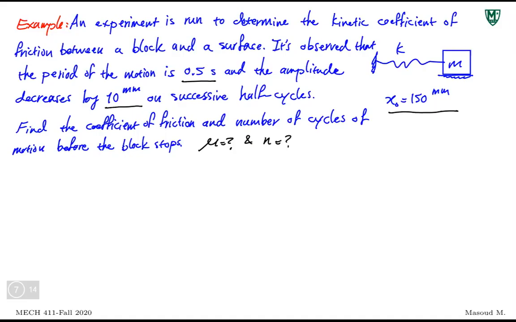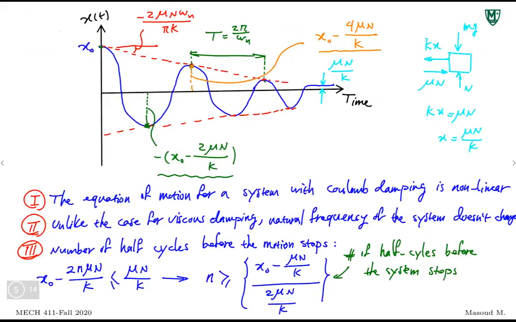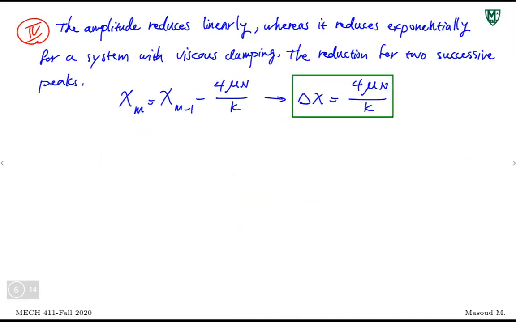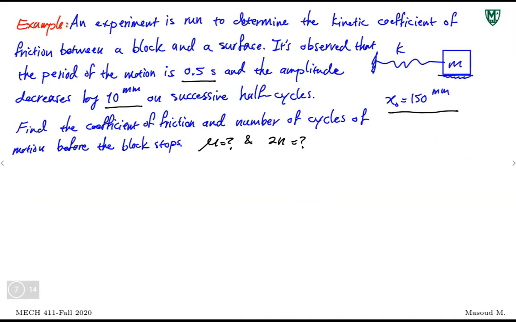Well, not exactly n. N would be the half cycles, so I'm looking for 2n. Pay attention that I introduced n right here, the third point, as the number of half cycles. So when we say number of cycles, it would be 2n. All right, I'll try to go faster, but feel free to stop me if one part doesn't make sense following what we just said.